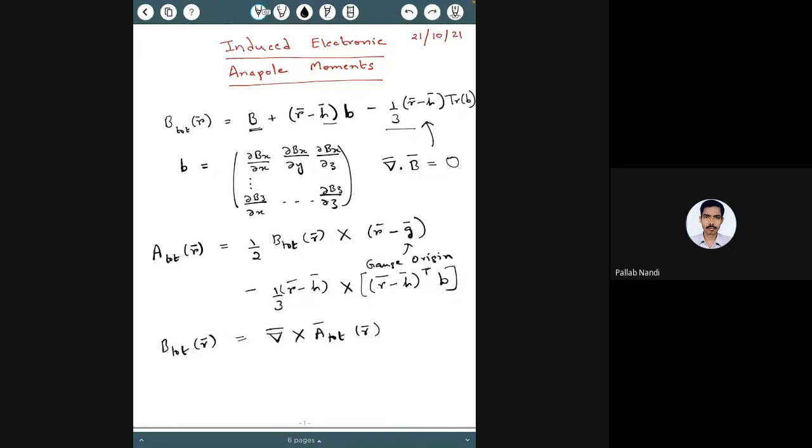So the field that we are applying to the molecule has a uniform part, this one, and it has a linearly changing part where the changes are put into the matrix. And then that is scaled, of course, by the distance of every point from H, where H is the point where you only have B. It's a general thing. It's like writing A to A plus dA dx into x.